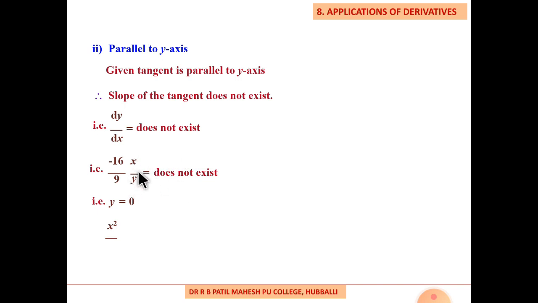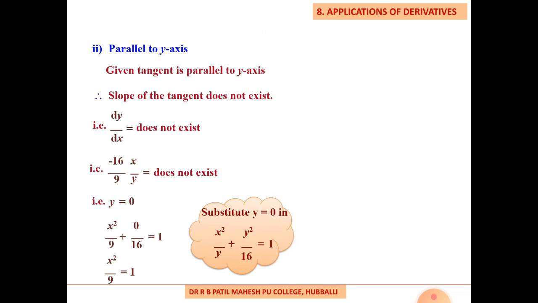So at what value of y will we get infinity? When y is 0, only then does this value not exist, or we get an indefinite value. So here y equal to 0. Now substitute y equal to 0 in the given equation of the curve. We get x square by 9 equal to 1, so x square equal to 9, x equal to plus or minus 3.